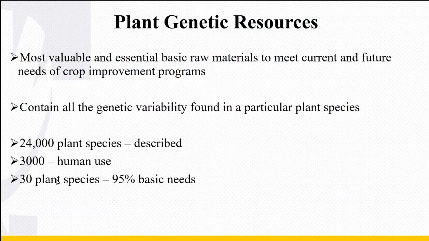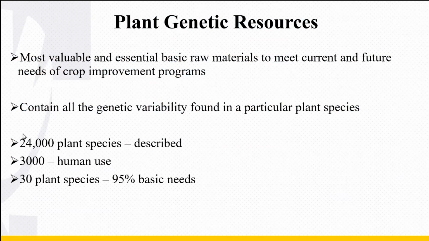So we have a lot of different plant species that have been described. We have about 3,000 that we use for human use, and about 30 of those plant species meet the majority of our needs. So, you know, we have gone from 24,000 different plant species to about 30 that we know are going to be the ones that we really, really need.